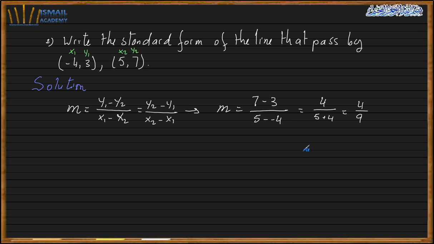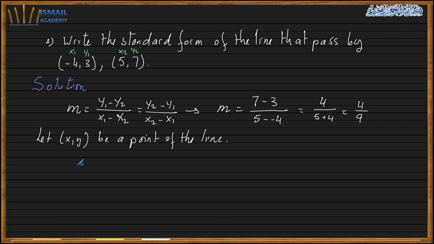Now I'm going to do the same process we did previously. I'm going to pick another point, not those. Let (x, y) be a point of the line. I choose one of those points to write down the formula of the slope, which is equal here to 4 over 9.